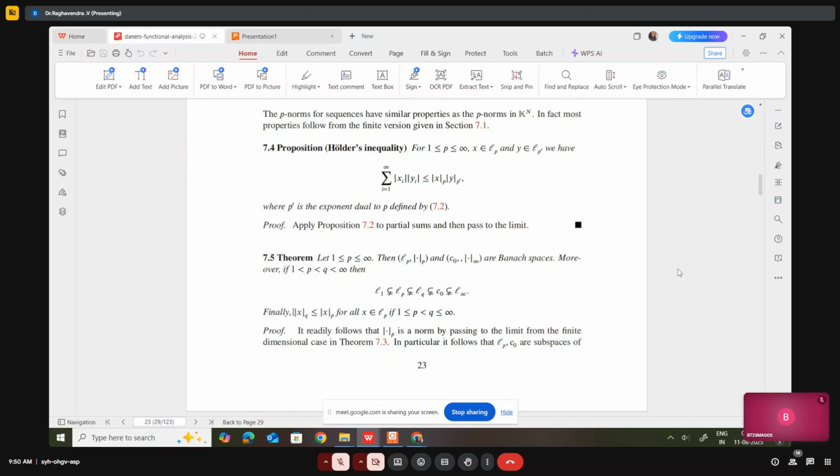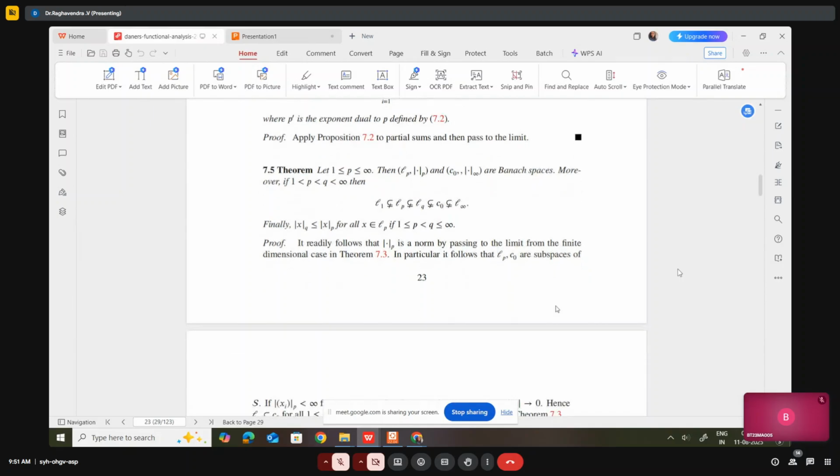So what it says exactly is that if you take any x in LP, then it is also in LQ. So the q-th norm of x is smaller than or equal to the p-th norm of x, the LP norm of x. This is true if 1 is less than or equal to p, less than q. So that is one issue that we have to say.